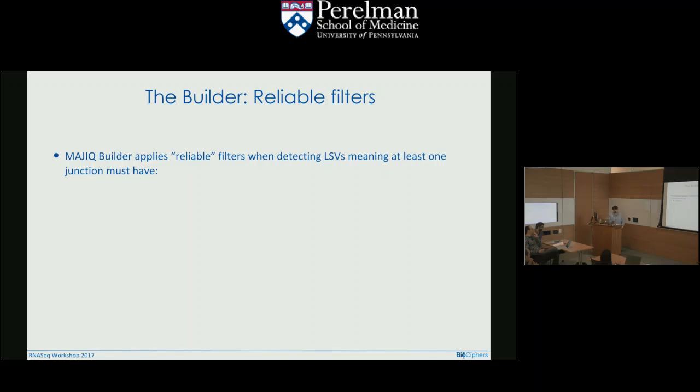That means the reads that span the junction should start at 2 separate genomic positions. That gives us confidence that it's not something like a PCR stack. We're hitting the junction with multiple reads in multiple positions. The minimum number of reads we should see at a junction is 3. So these 2 thresholds must be met for an LSV to be considered reliable.